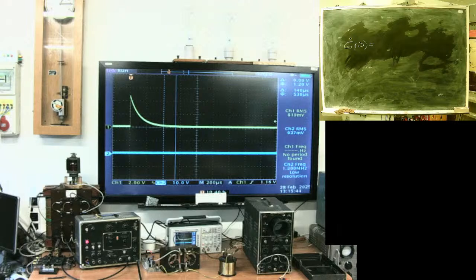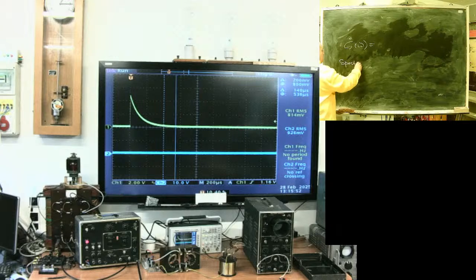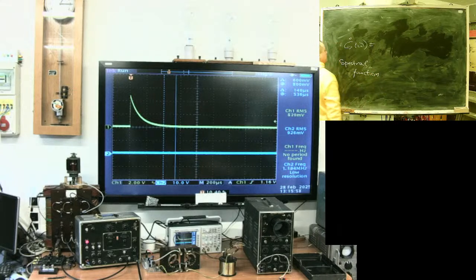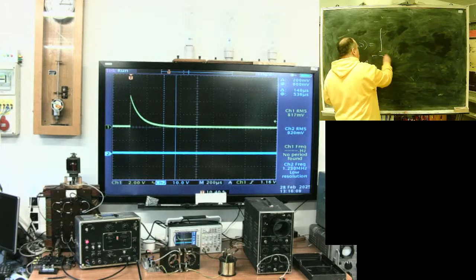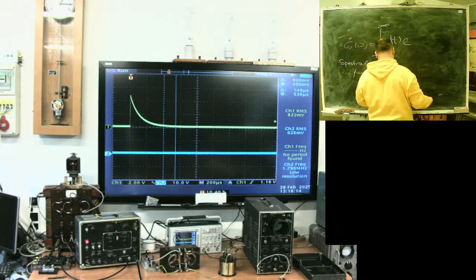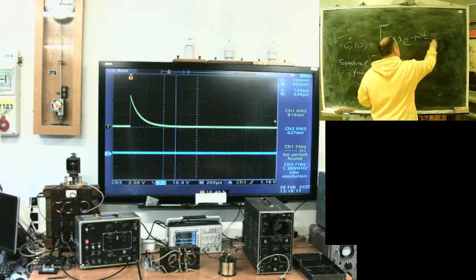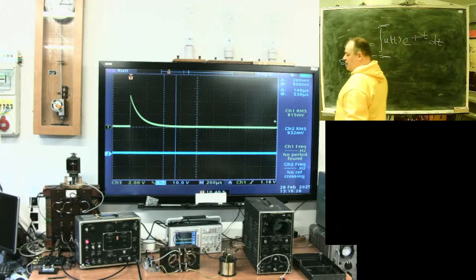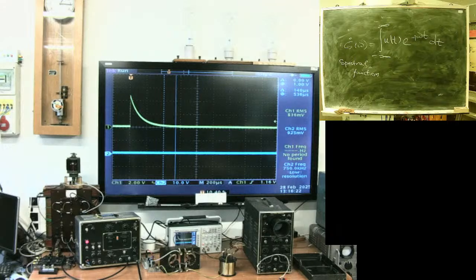A more common form of Fourier transform deals with a thing called the spectral function. If the classical Fourier transform of a periodic signal produces a spectrum, here we have a spectral function: the integral from minus infinity to infinity of my pulse times e to the power minus j omega t dt. The spectral function is a complex function of frequency.